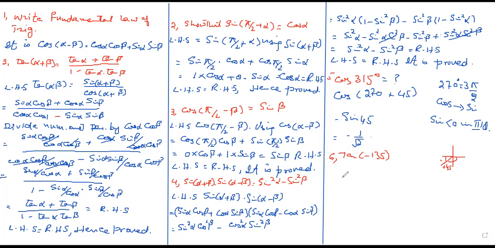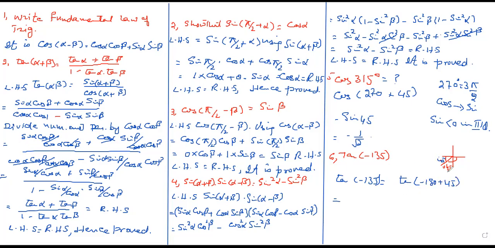So tangent minus 135 equals to tangent minus 180, minus 45 minus 45, right? So this is pi by 2.